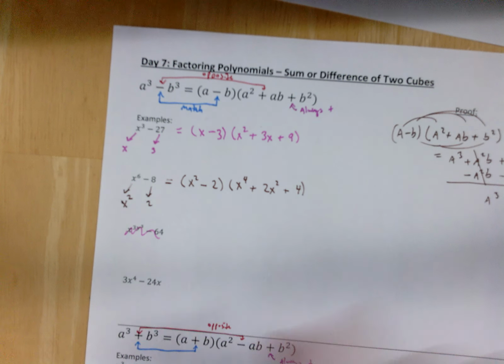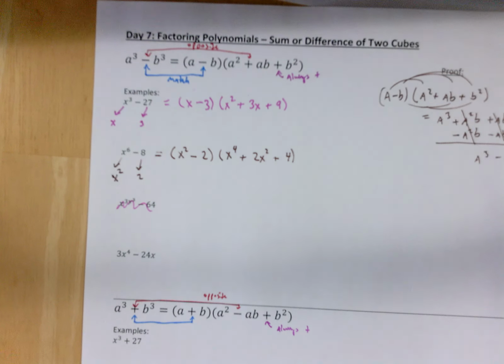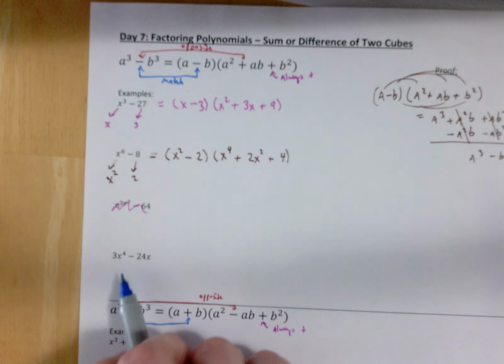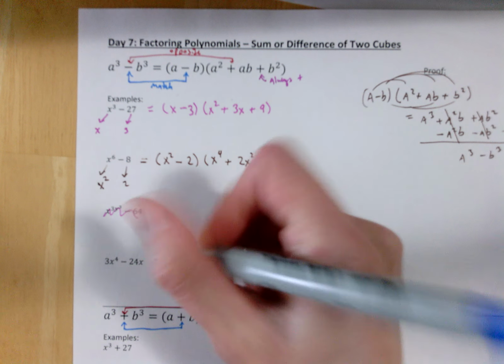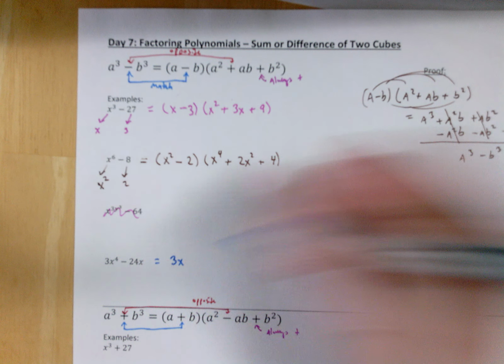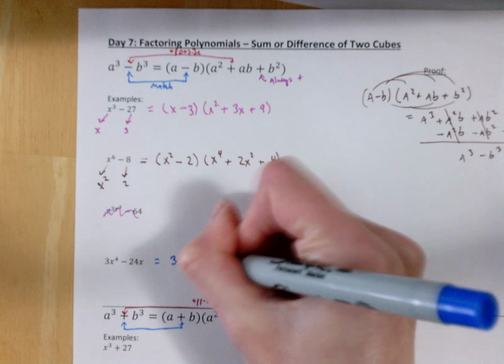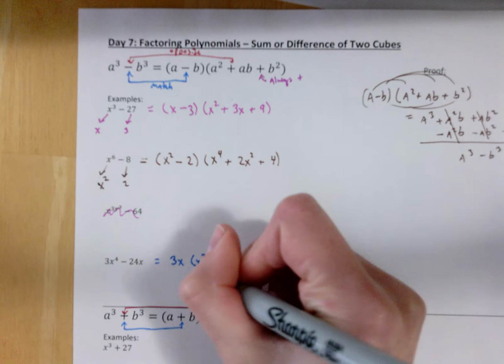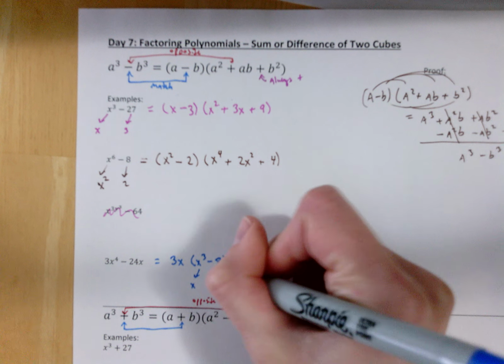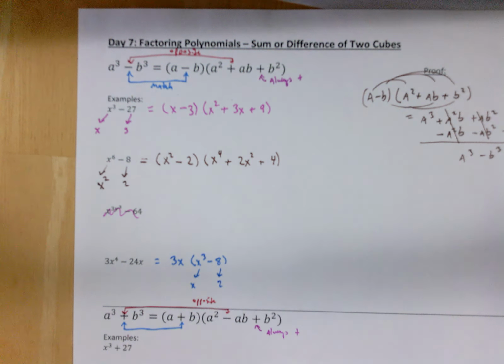So this one, when you first look at it, is not a difference of two cubes. But we can rework it a little bit and make it work out because it has a GCF. So you always want to factor out a GCF first. So I can factor out a 3x. And that's going to leave me with x cubed minus 8, right? Cube root of that is x, cube root of that is 2.